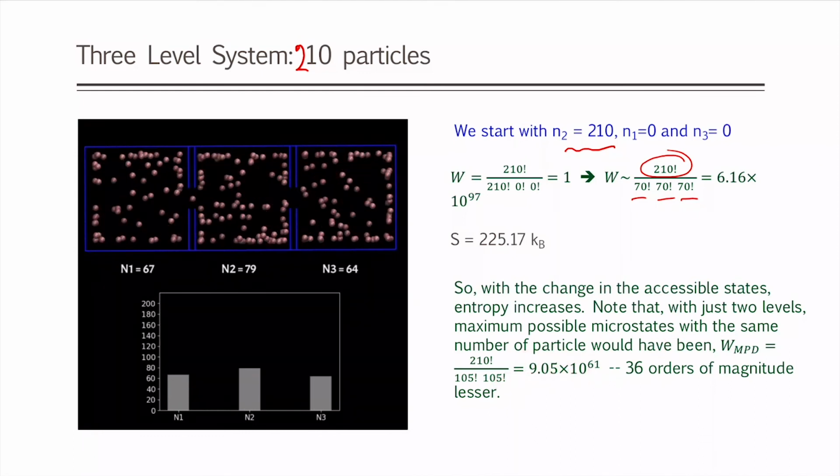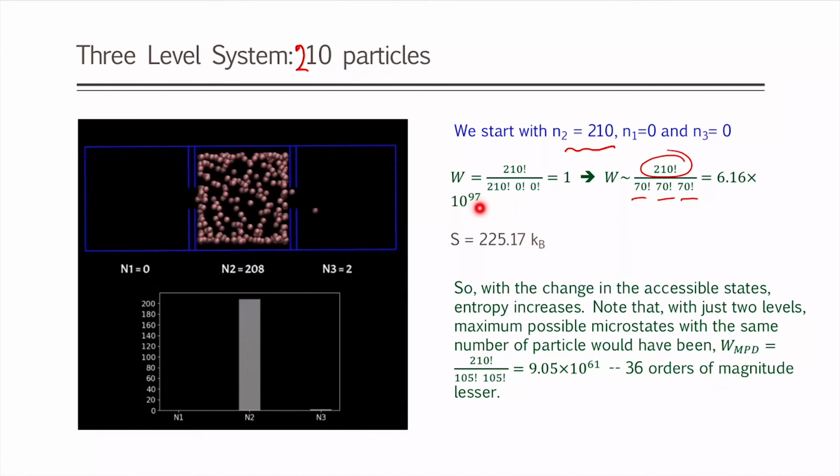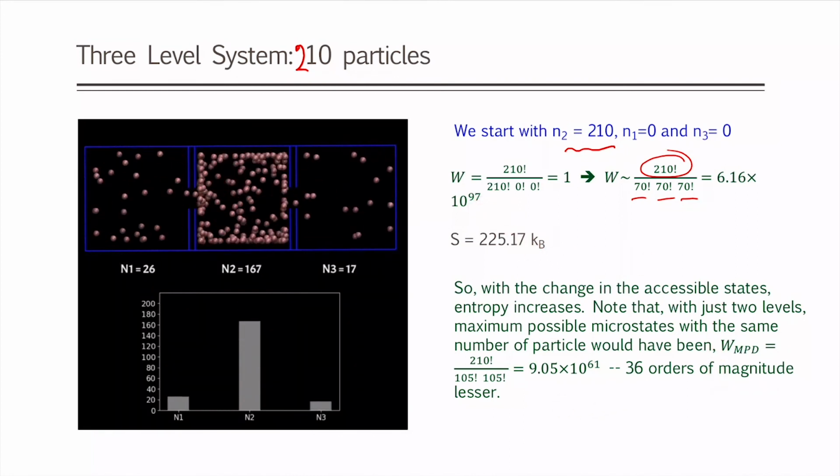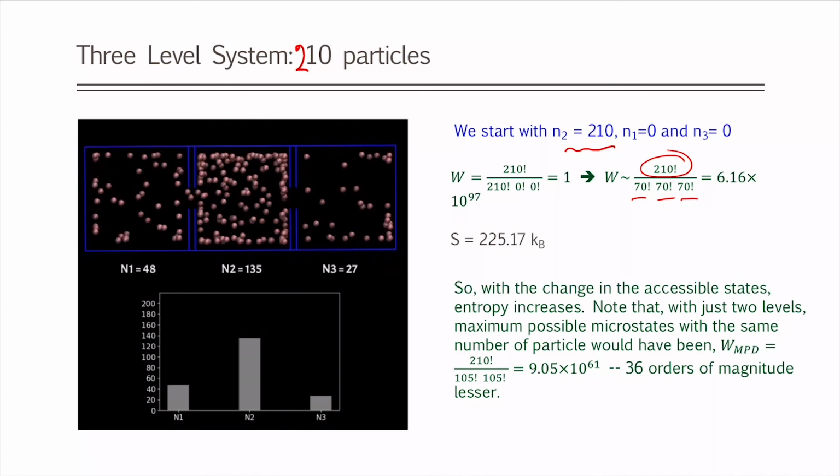What I did is take the most probable distribution with two boxes, that means dividing 210 particles into 105, 105, which gave us 10 to the power 61. Now, when you divide into 3 boxes, I am getting 70, 70, 70, that gave me 10 to the power 97. So, we get 36 orders of magnitude larger W by dividing into 3 boxes.